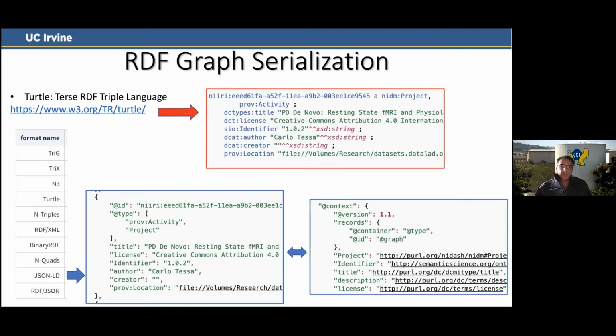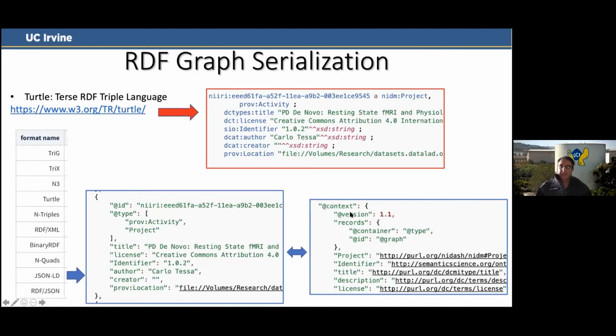It looks just like JSON, or well, it looks a lot like JSON. That's the blue box there in the middle. It just has some keys. It has some additional hierarchical levels in the JSON file that you may not normally find in a regular JSON file. But then these keys here, like title, license, identifier, there's a context file that's linked at the top of these JSON documents, which makes it JSON-LD.